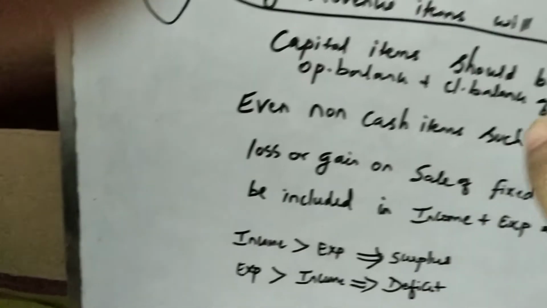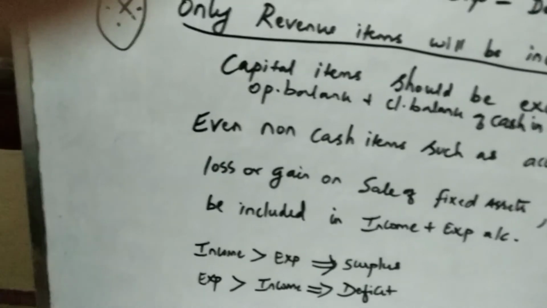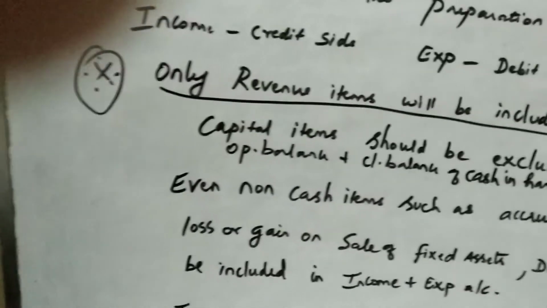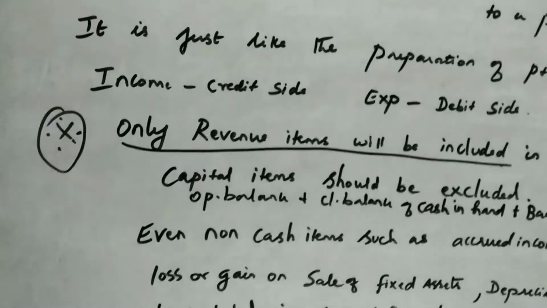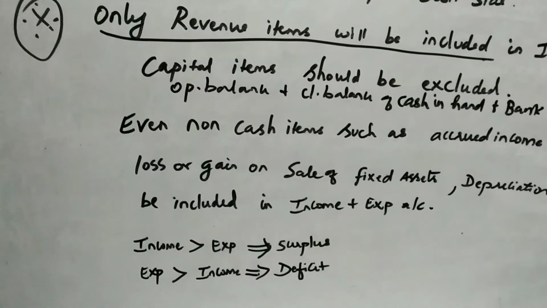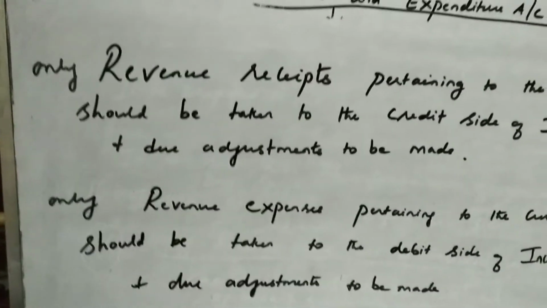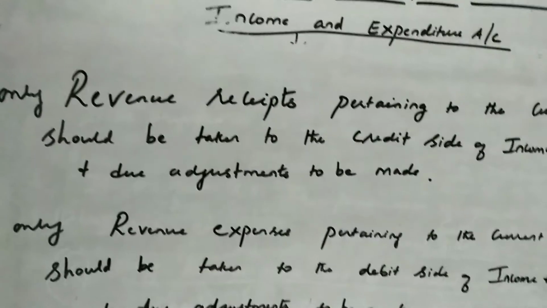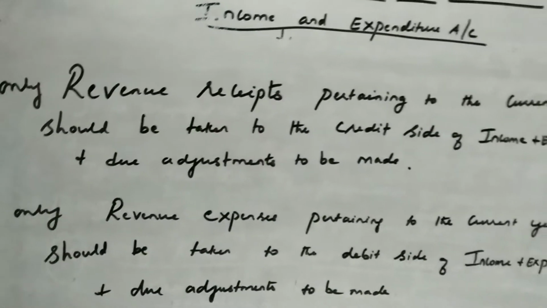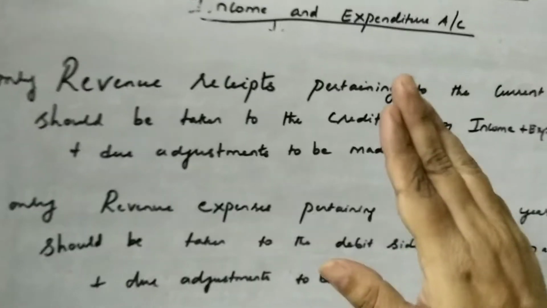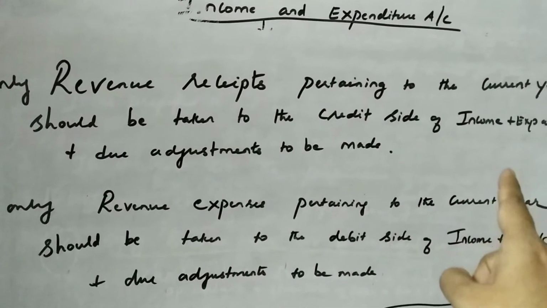And there are a few more points to remember while preparing the income and expenditure account. Let us see those points now. The next point is that only revenue receipts pertaining to the current year should be taken to the credit side of income and expenditure account.